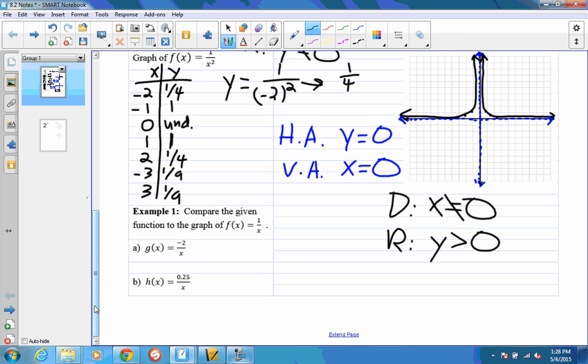All right, translations. Guys, two ways we're going to do translations. The big long way of writing out my functions for rational functions is going to have a, h, and k, I said. So if I write that out, it's y equals a over x plus or minus h, plus or minus k.